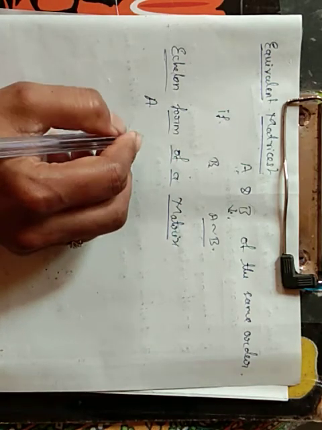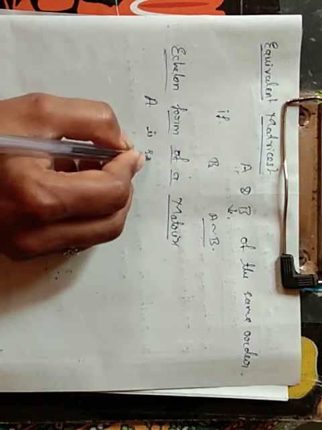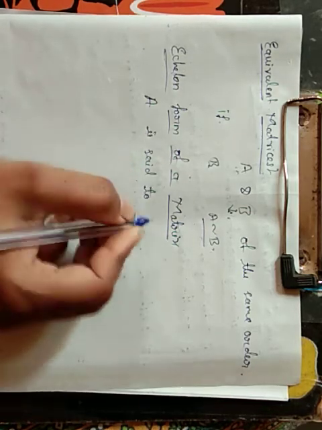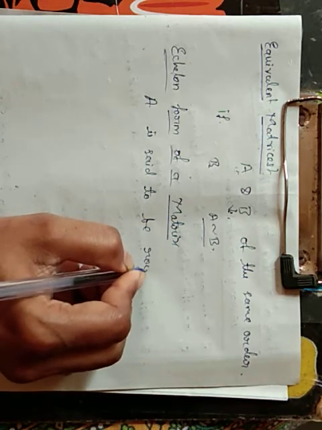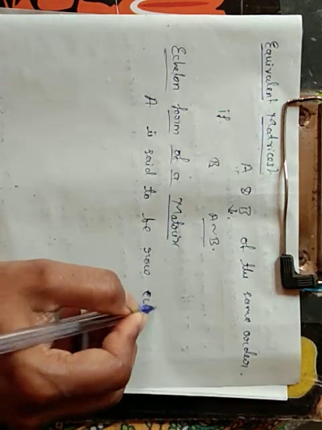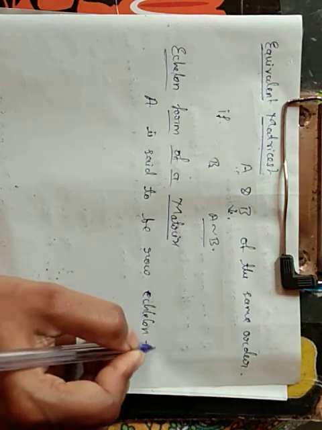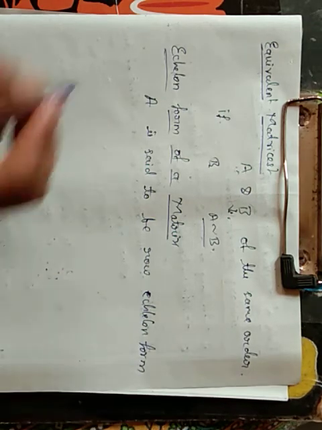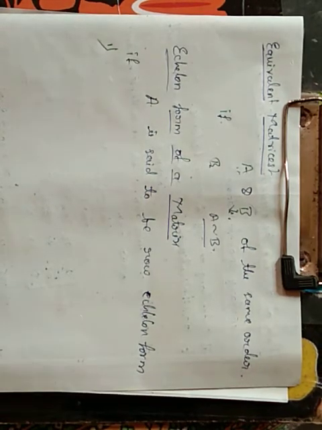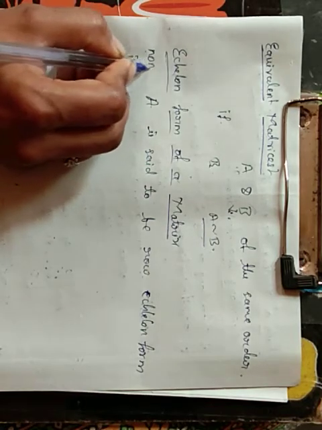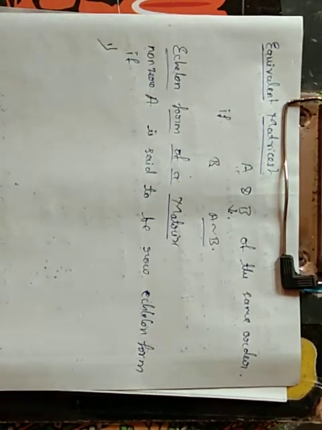A is said to be in row echelon form if it satisfies the following conditions.